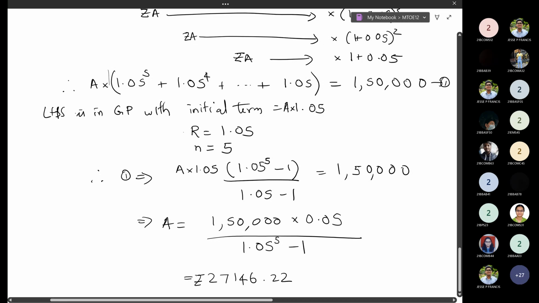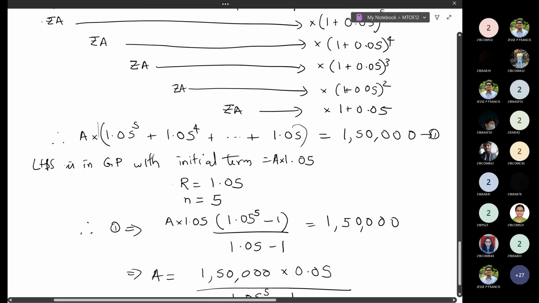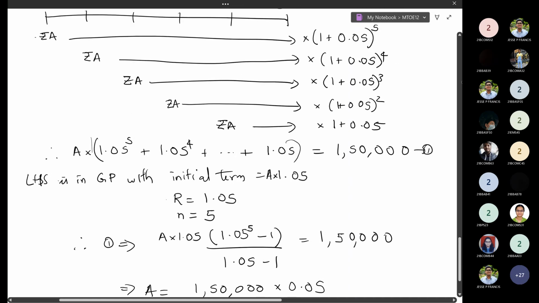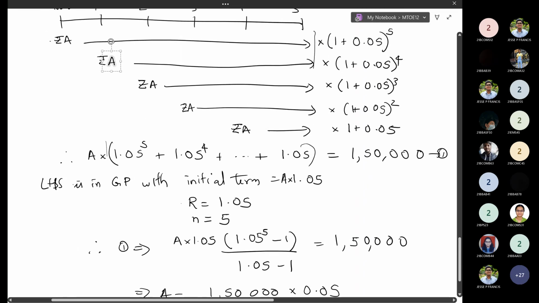You can take this as a GP separately. Even then, you'll reach the same expression, which is here. Or another angle I can think of is, why is our first term A into 1.05? Because we are going to add these amounts up.